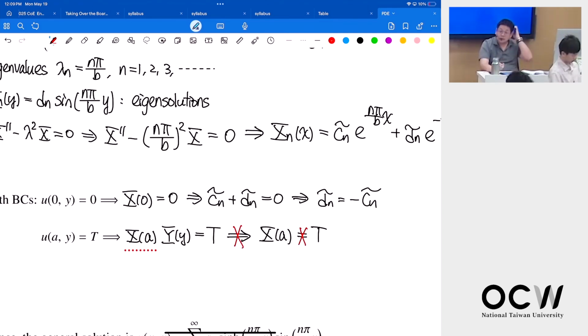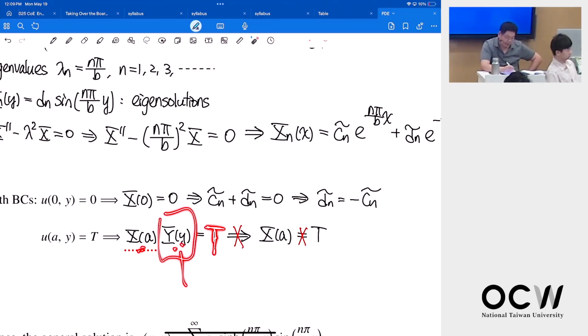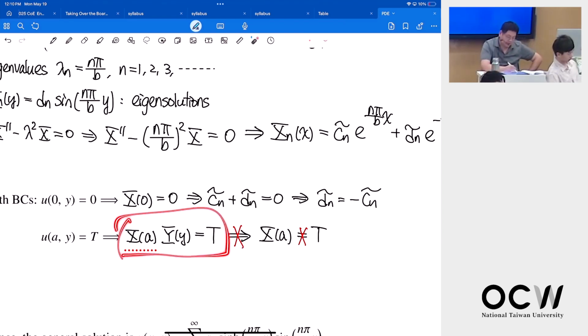No, because this time it's different. This one is not 0. This combination, the multiplication, will be T. For this Y function, some of them may participate. So we cannot just say that because this is T, X of a is T directly.